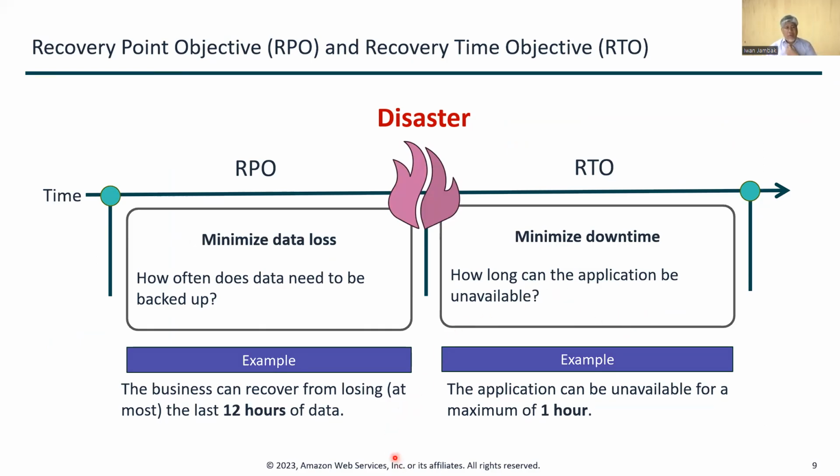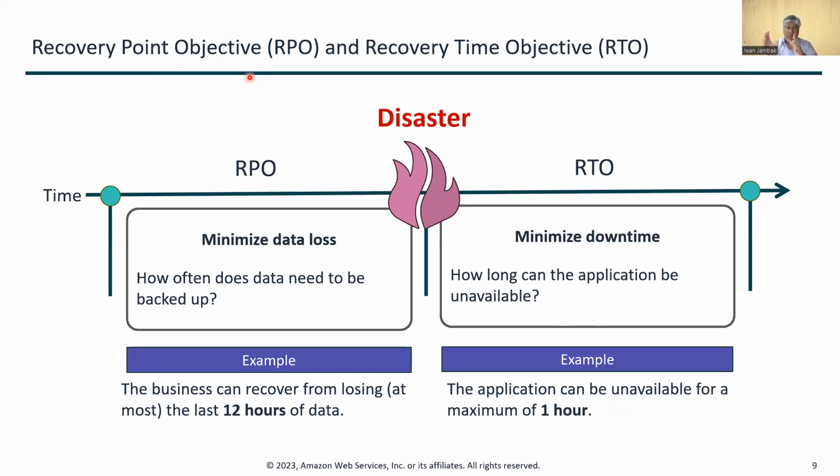So the recovery point means, for example, that you have a 24 hour process. And then every 12 o'clock at midnight, you do the backup. Meaning for another 12 hours, it's not backed up.